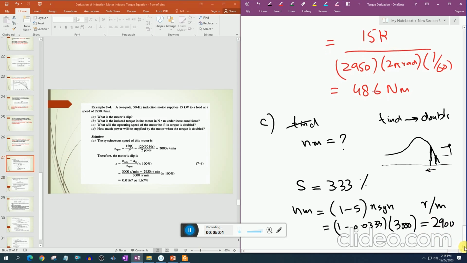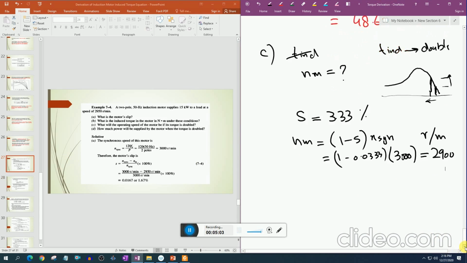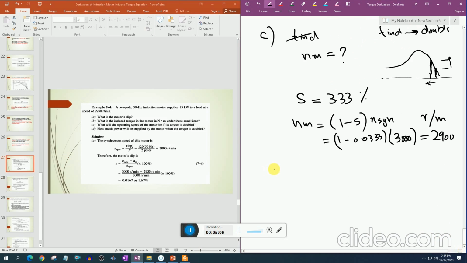So now part D. Part D is power at this point, the power when the torque is double, and we know P converted is equal to torque induced times omega m.